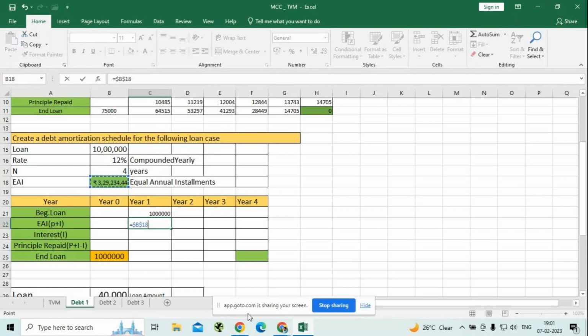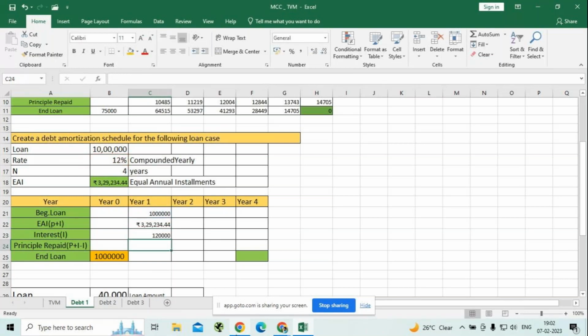There is no change. Then the interest equals the year opening balance into whatever the percentage is. Either you can give 12% manually, or you can use this rate and fix it, because every year it is 12% only. For that, I can freeze this B16 so that it remains 12%.